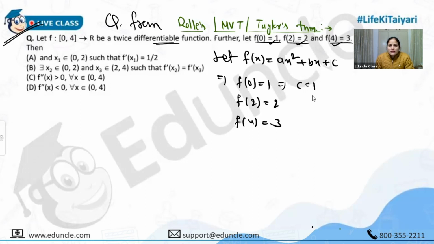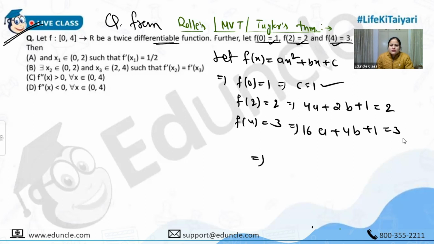So यहाँ से c is equal to 1 हमें मिल जा रहा है, and from here I am getting 4a plus twice b plus c is equal to 2, and from here 4 अगर मैंने put किया तो 16a plus 4b plus c is equal to 3. So using c equal to 1, यहाँ से मिल जा रहा है 4a plus twice b is equal to 1, and 16a plus 4b is equal to 2.